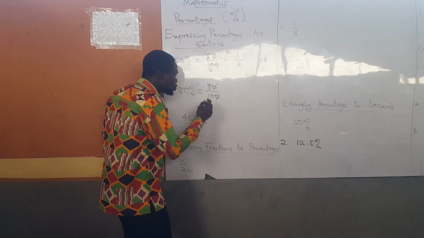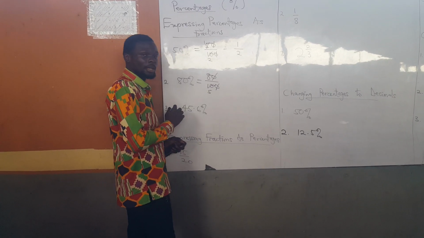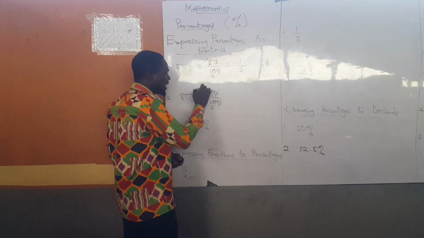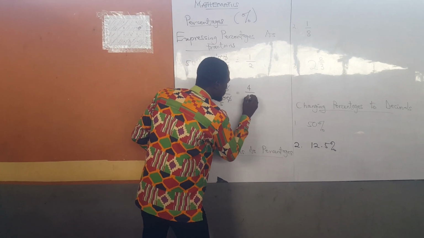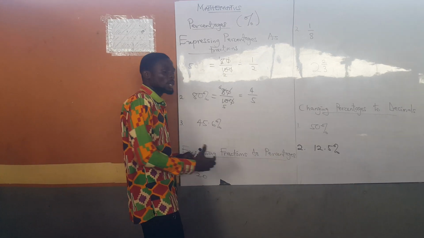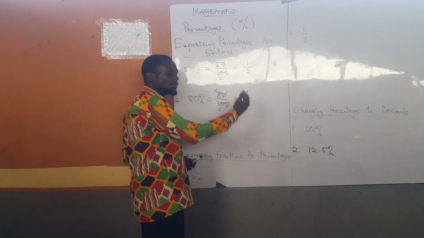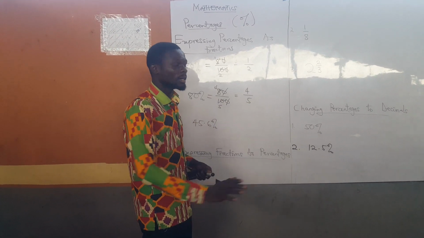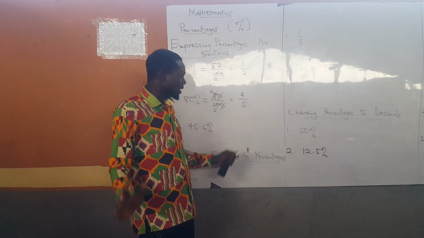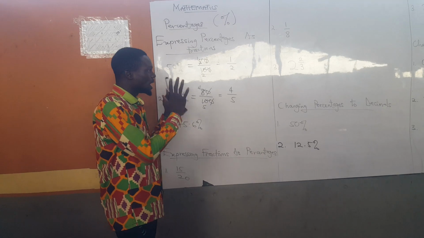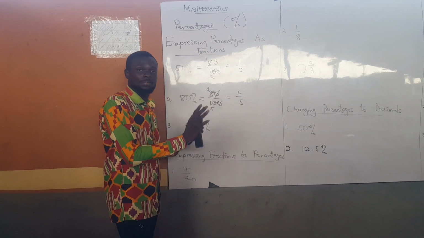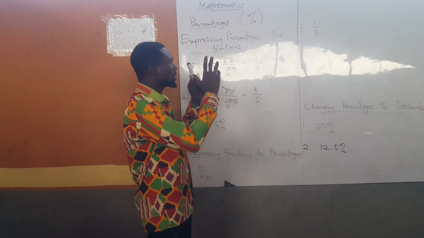So 2 will go into 10 5 times, and 2 will go into 8 4 times. This is going to give us 4 over 5. Because there is no number that can divide 4 over 5 apart from 1, we are going to leave our answer like this. So when it comes to expressing percentages as fractions, this is what you are going to do.